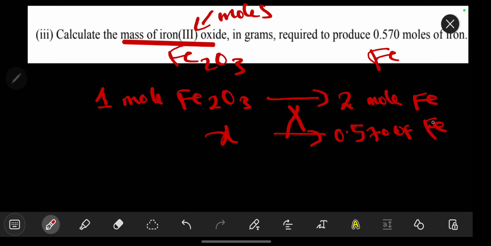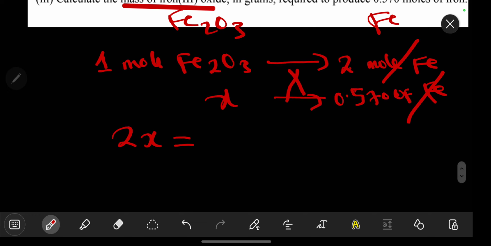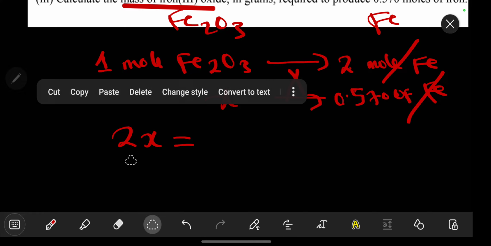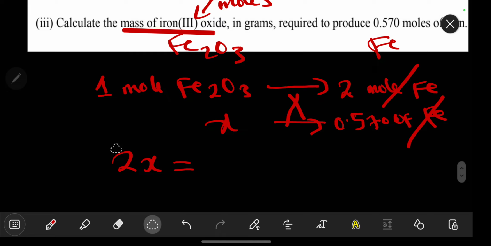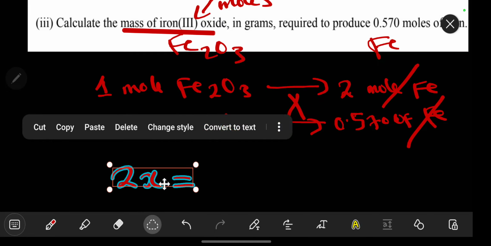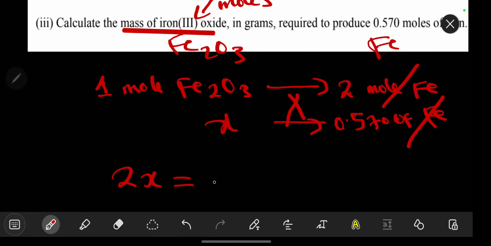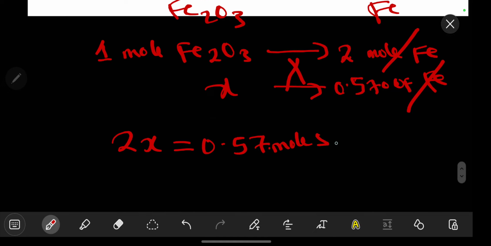Since these are on the same side, just cancel them. So we have 2X, which should be equal to 0.570 times 1. 1 doesn't change anything. So we are going to have 0.57 moles of iron.